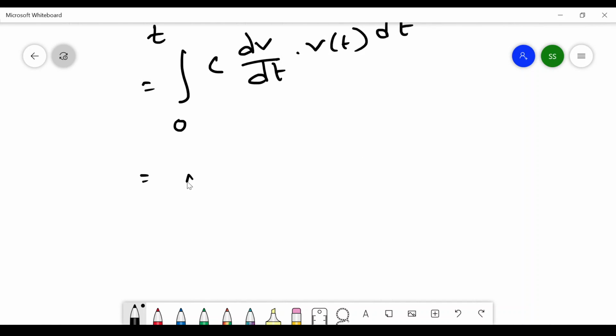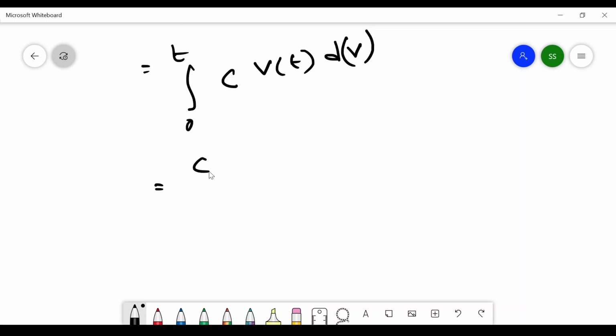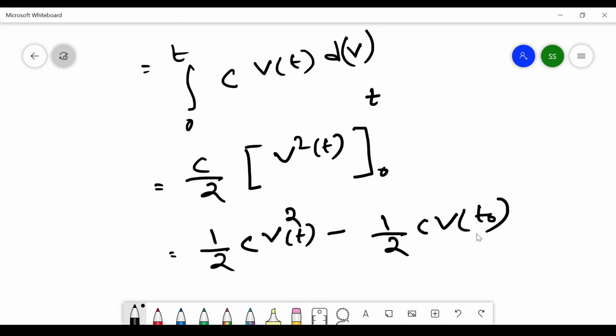Now the equation is like this: the integral from 0 to t of C v(t) dv. Now if I integrate, it becomes C/2 v squared(t) from 0 to t. So it comes to 1/2 C v squared(t) minus 1/2 C v(t0) squared.